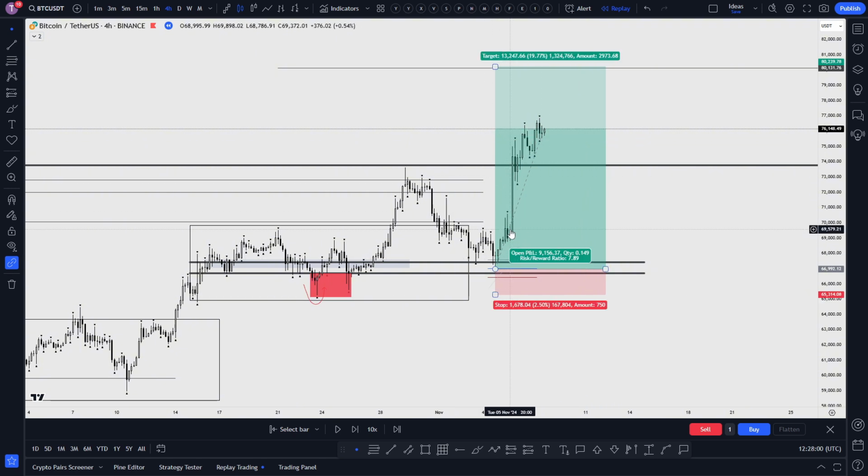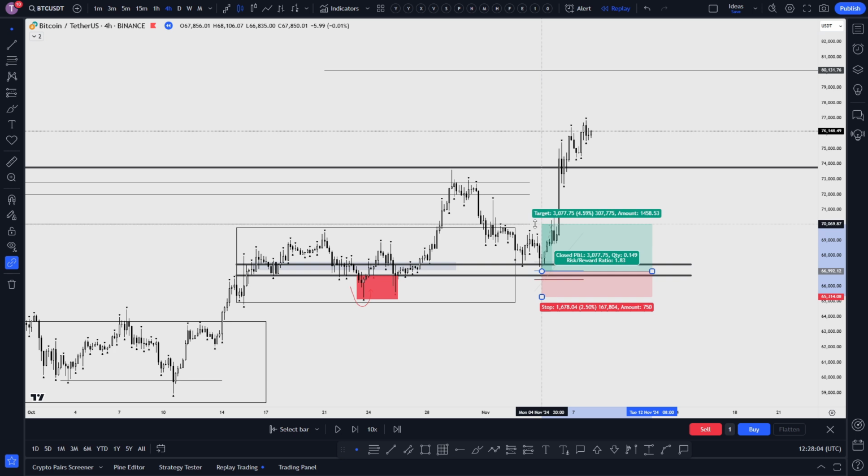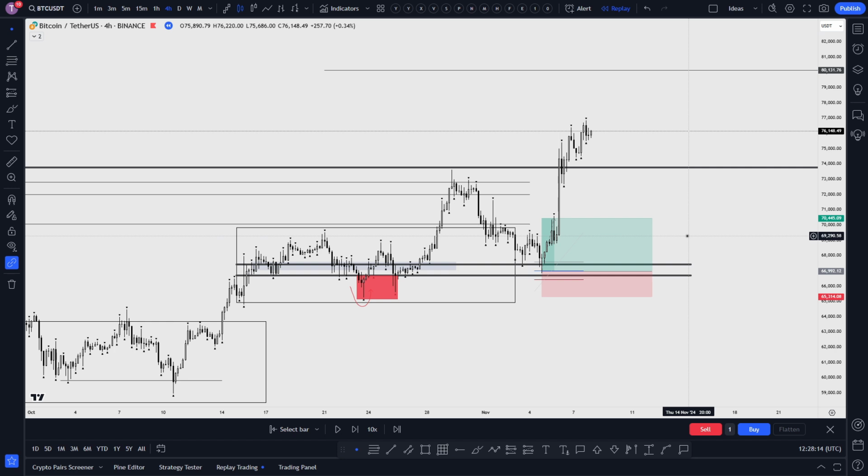Essentially, after we have this momentum to the upside, usually after we reach a 2R trade, at this point my stop loss is always break even, because based on my journaling, 90% or maybe 95% of the time the price will never go back to my entry level before going to my profit.